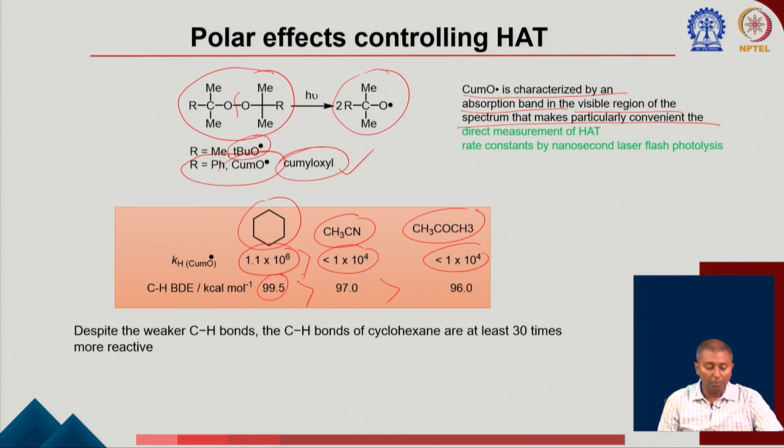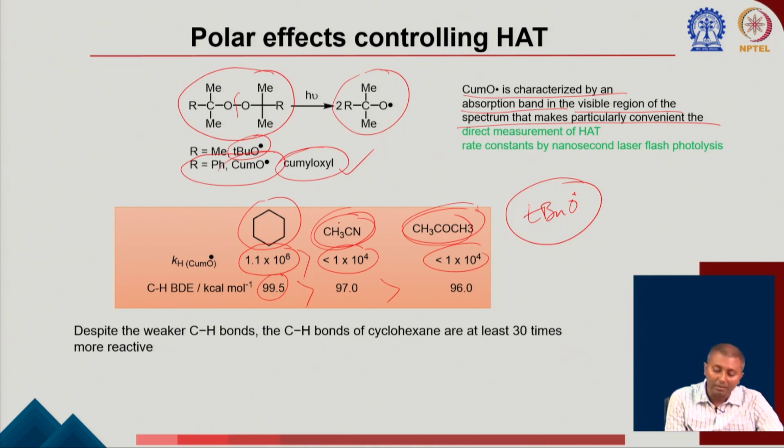Although it looks like that, if you think about your radical, what is your radical here? As I mentioned, this is an electrophilic radical. If you have an electrophilic radical, then it will prefer hydrogen abstraction from a nucleophilic hydrogen source. Now, if you compare cyclohexane to CH3CN and acetone, you have an electron withdrawing group attached to this CH3, because the abstraction is going to happen from this CH3 only.